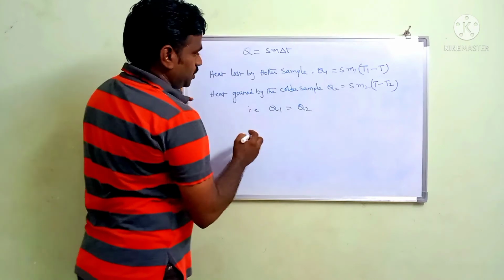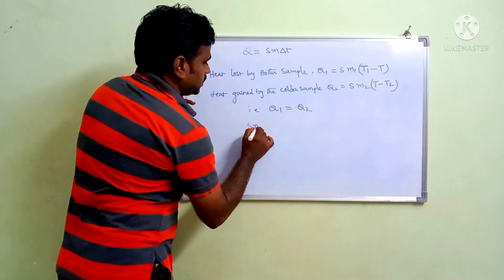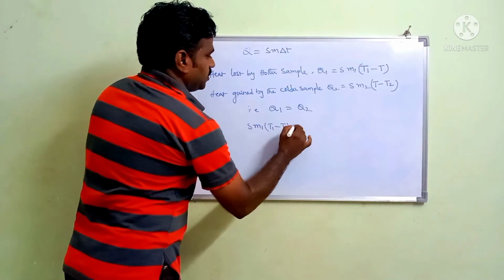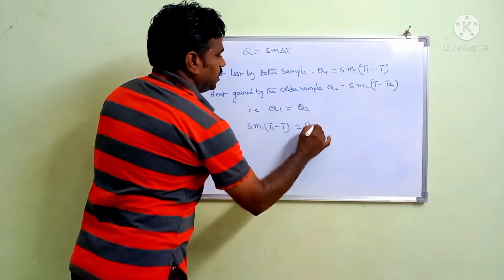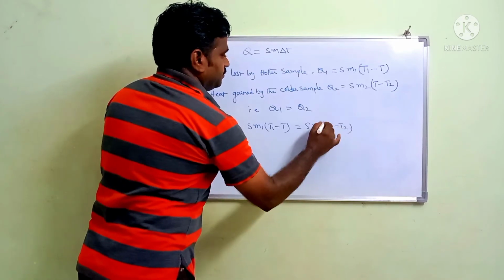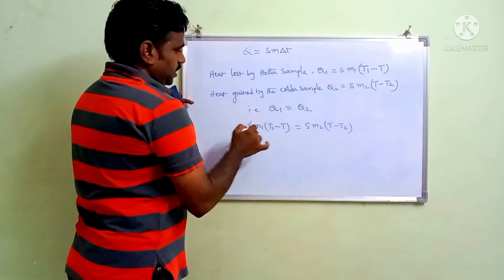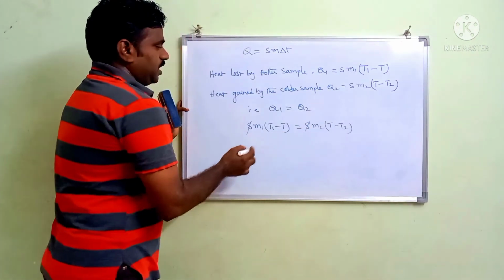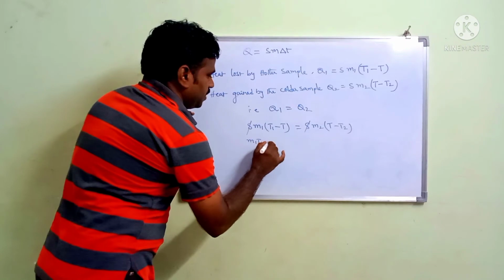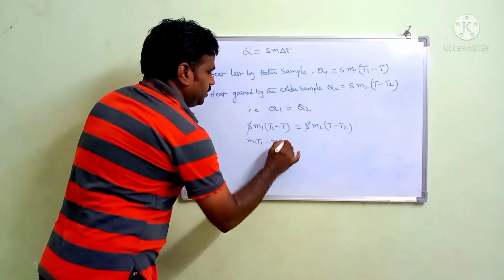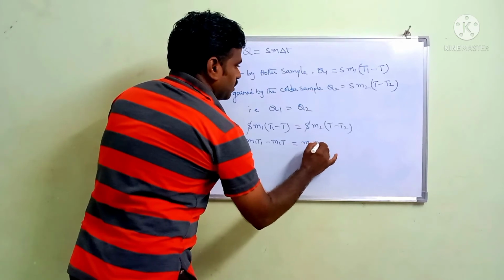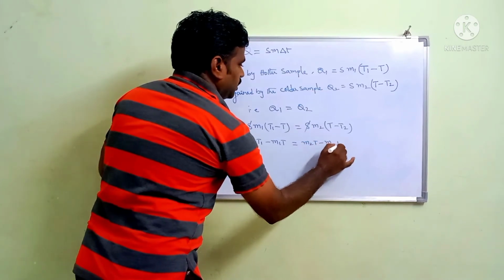So we can equate these two equations. That is S m1 (T1 minus T) is equal to S m2 (T minus T2). So we can cancel the S on both sides, and now we multiply: m1 T1 minus m1 T is equal to m2 T minus m2 T2.